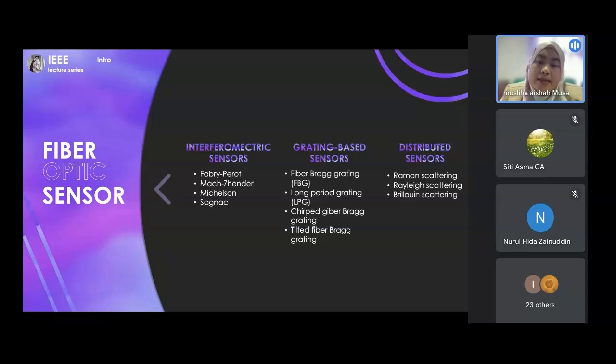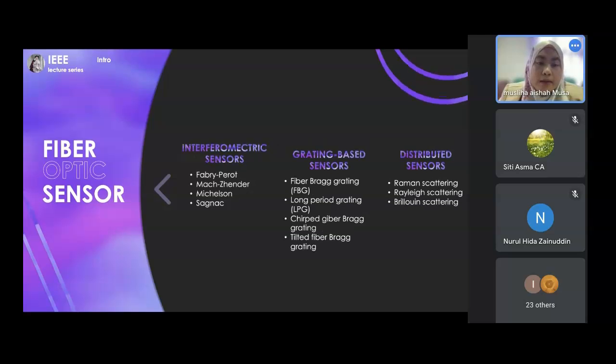For the distributed sensor, there are 3, which are Raman scattering, Rayleigh scattering, and Brillouin scattering. But today we focus on the interferometric sensor, and I will discuss more about that.